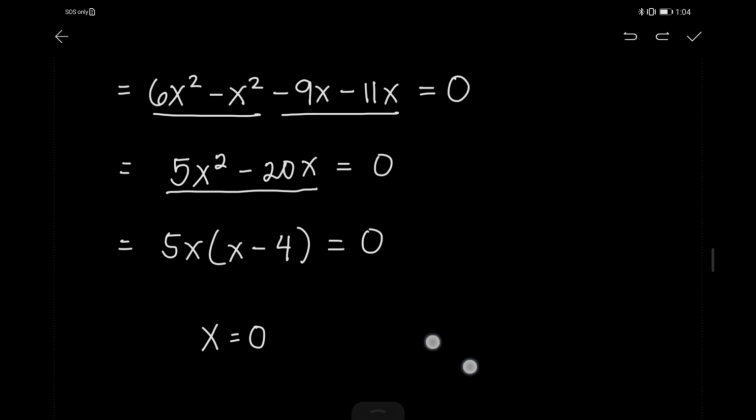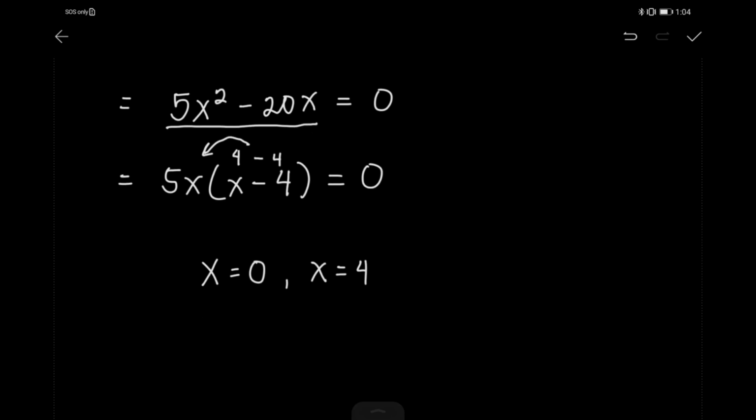Aside from 0, we can also say that x is equal to 4, because 4 minus 4 is 0, and 0 times 5x is equal to 0. Therefore, we have two answers: x is equal to 0 and x is also equal to 4.